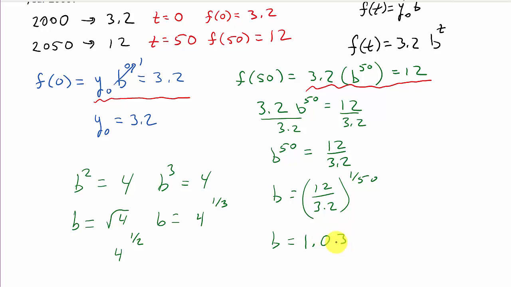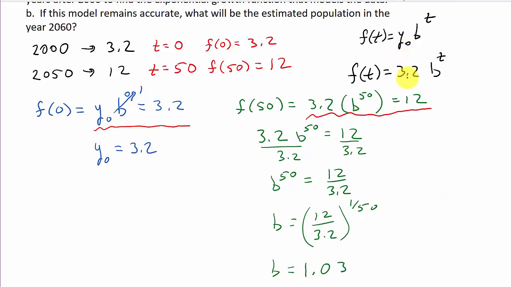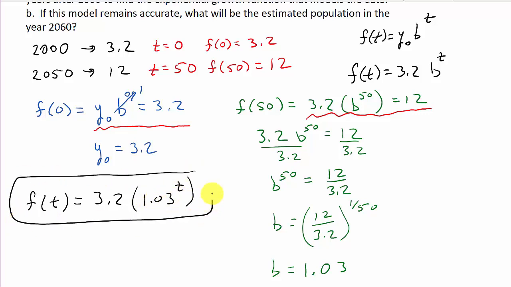Depending on what your teacher wants you to do, you might need to take it to more decimal places, but the main thing is just knowing how to get b. Now that gives me my function. I know y naught is 3.2, and I've got b as 1.03, so f of t is equal to 3.2 times 1.03 raised to the t, and there's my function.